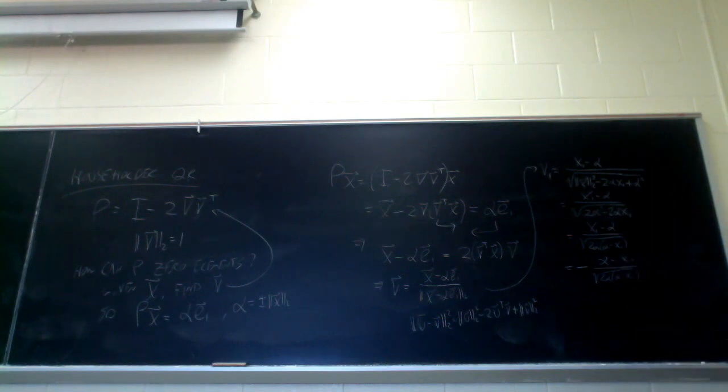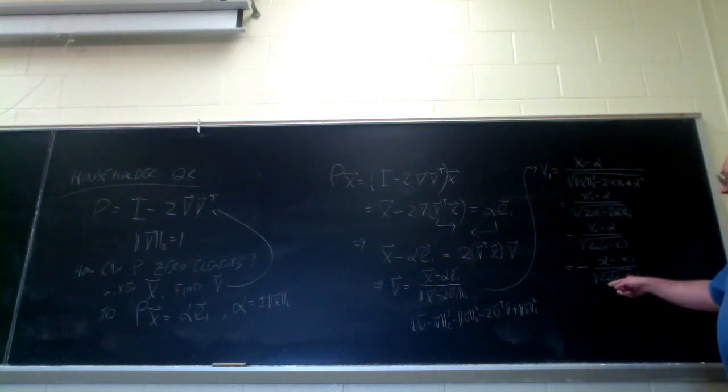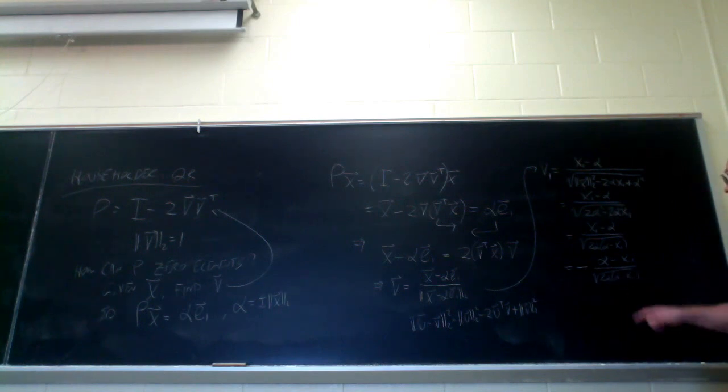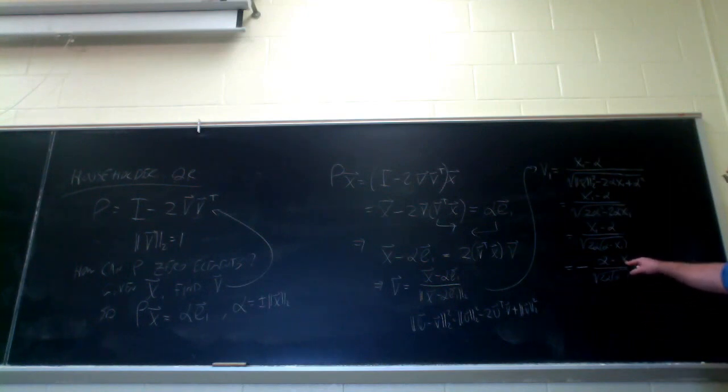I just have to be careful about the sign of alpha. So for instance, suppose alpha is positive, then this had better be positive also, and therefore this would be positive, and then I can go ahead and cancel it out.